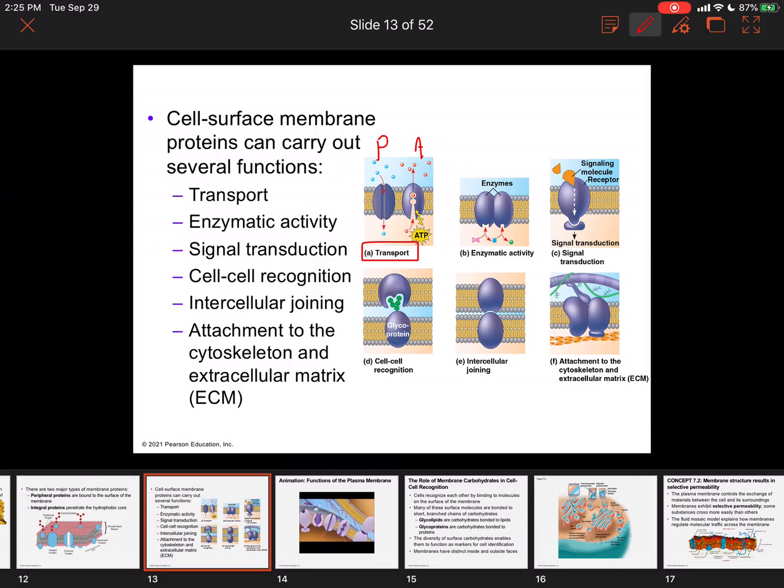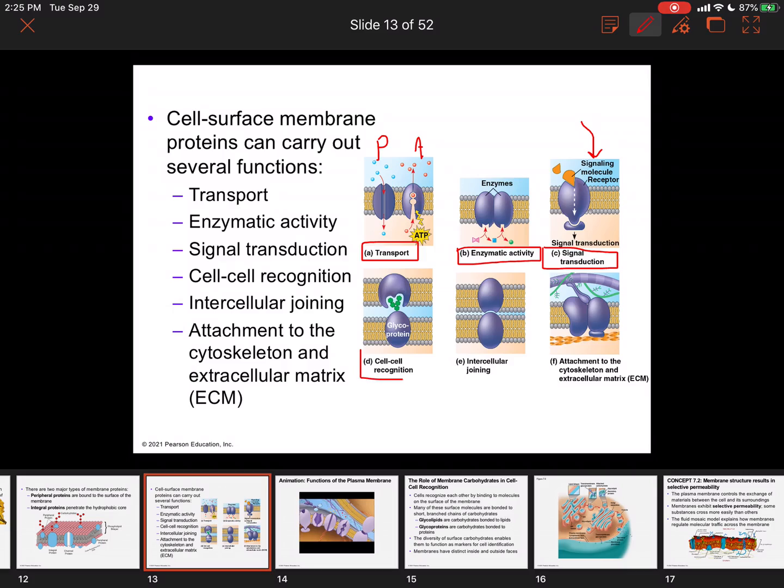We'll have to use the help of proteins to do that. Enzymatic activity, we know that enzymes are proteins. Those can be attached to the cells. Cell signaling or signal transduction right here would be an example. A signaling molecule will attach to the protein and direct some type of cell activity inside the cell, so we have proteins for that.